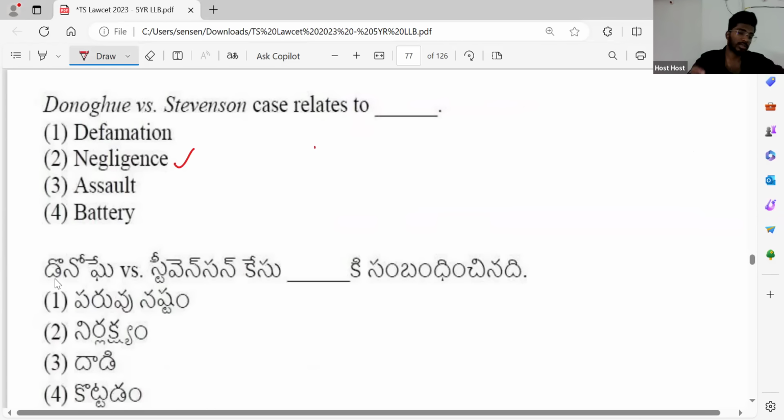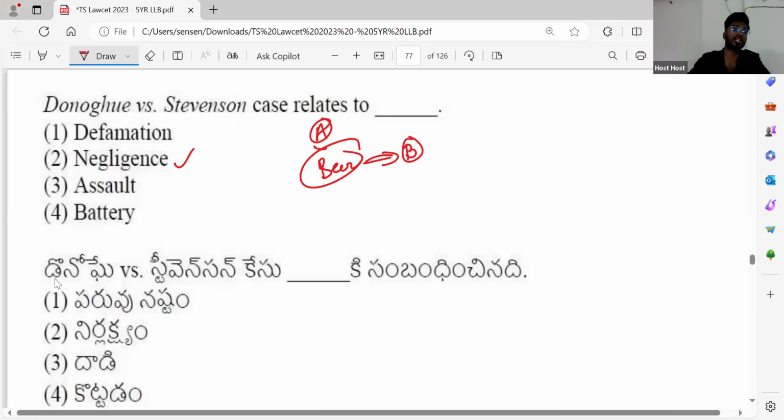In this case, there is a person who purchases a beer bottle like this, but it is brown in color. Whenever you purchase a bottle of beer which is brown in color, what will you expect inside? Beer, obviously. This bottle is purchased by a person known as A, and he gifted it to his friend who is known as B. B opened the bottle and drank maybe a sip of it.